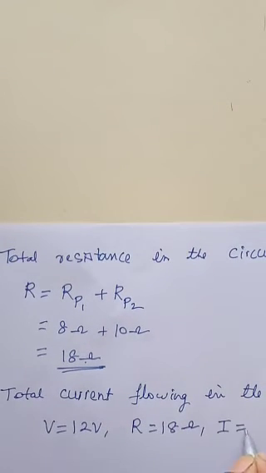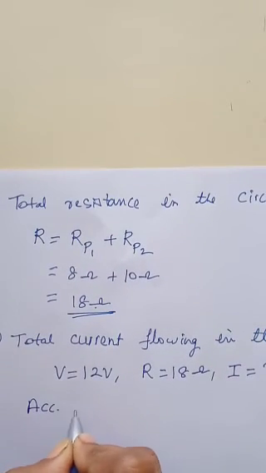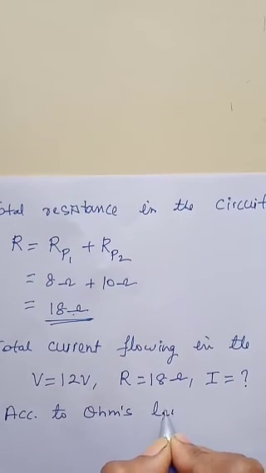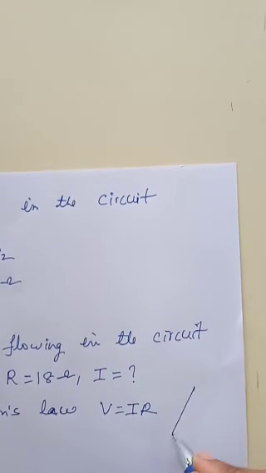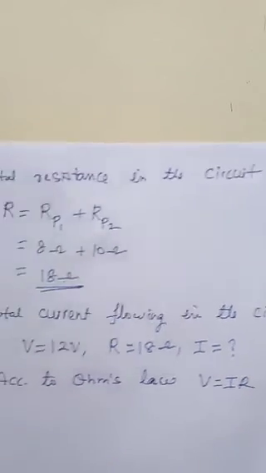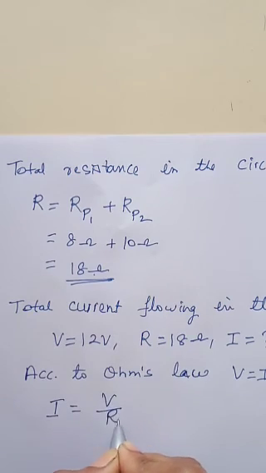I is equal to how much? Use Ohm's law. According to Ohm's law, very important relation, V is equal to IR. The triangle V I R. To calculate I, use the formula I is equal to V divided by R.